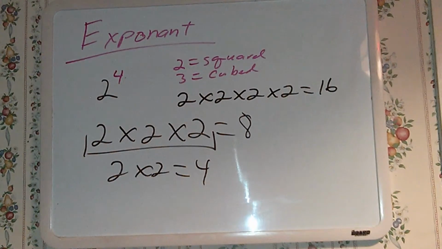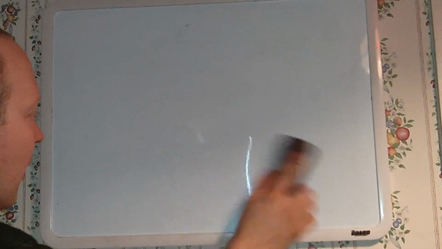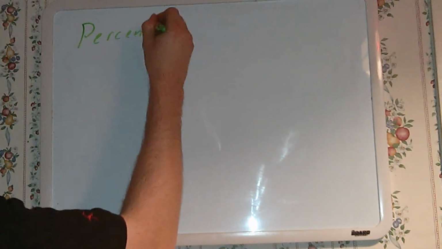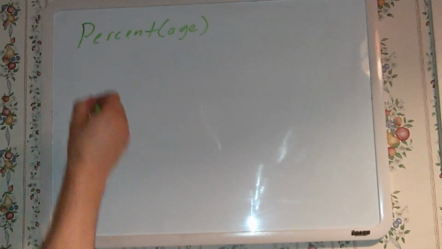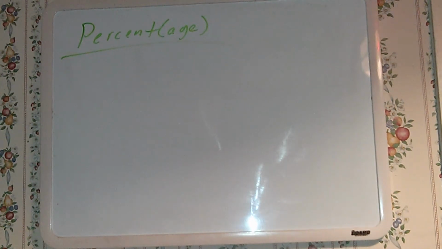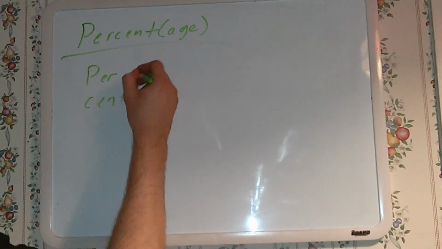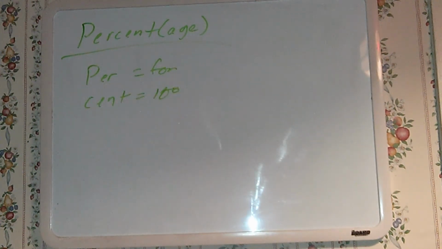Okay, one more term that gets people confused, because it's kind of a constant thing, is percent and percentage. And when you have percent, it literally means for 100. That's 100, I promise.